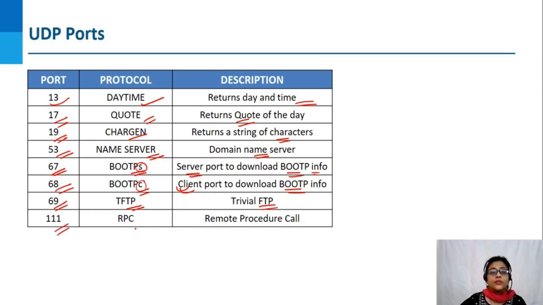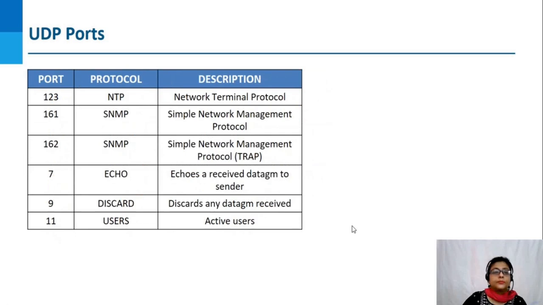Port number 111 is for RPC or remote procedure call used for terminal network or for remote processes. Port number 123 is used for NTP or Network Time Protocol. Port 161 is used for SNMP, which is the Simple Network Management Protocol. Port number 162 is also used for SNMP and it is for TRAP.